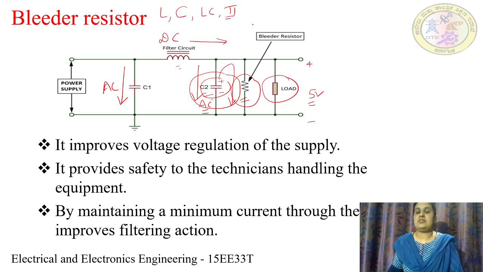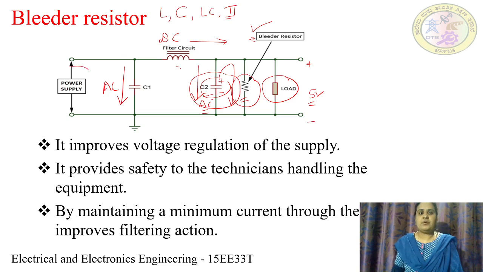This resistance is called a bleeder resistance. For the protection of human beings as well as for the protection from the transients of the filter circuit, we are employing the bleeder resistance.